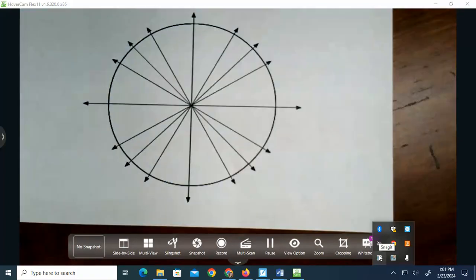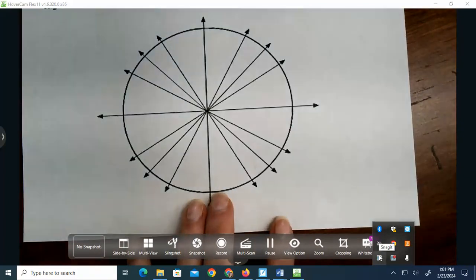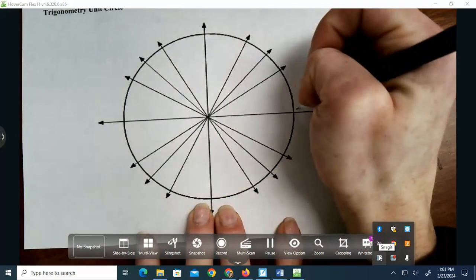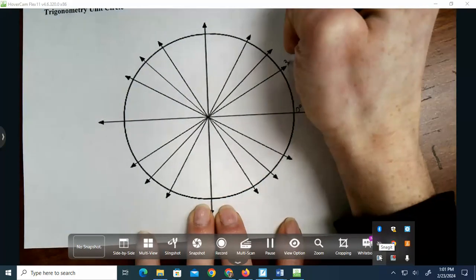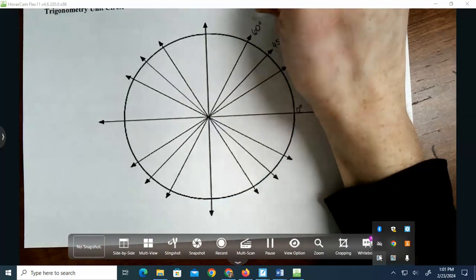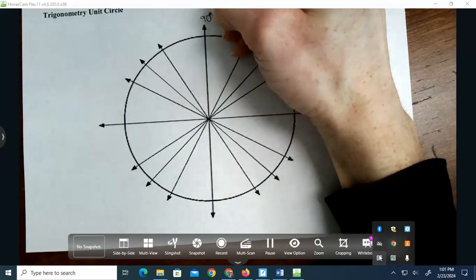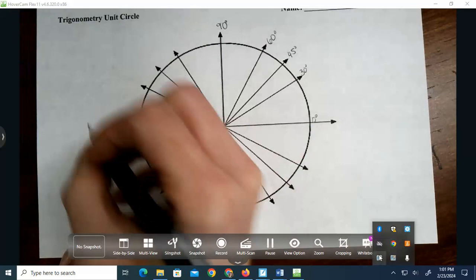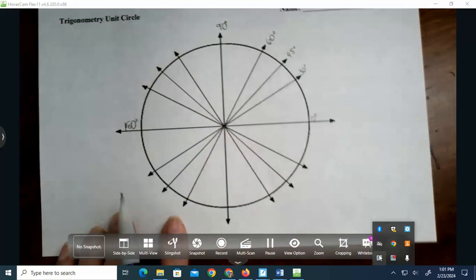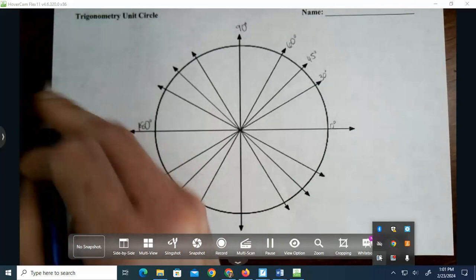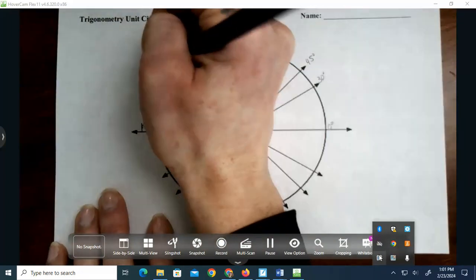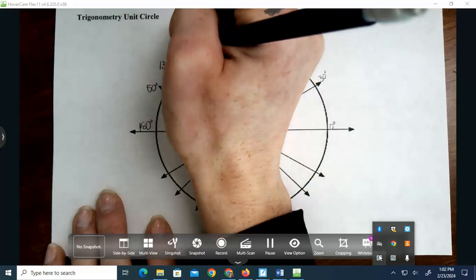All right. The unit circle that you guys already have, we have part of it filled in, right? We had all of our degree measures. So 0, 30, 45, 60, 90. And then we jumped down here. This was our 180. And how did we get the other angles? You do your reference angle. So 180 minus 30, 180 minus 45, 180 minus 60.